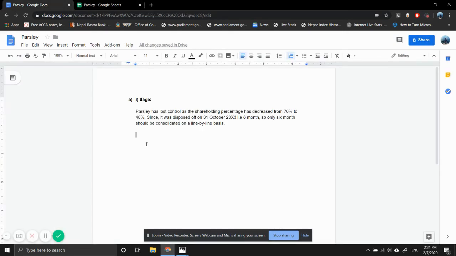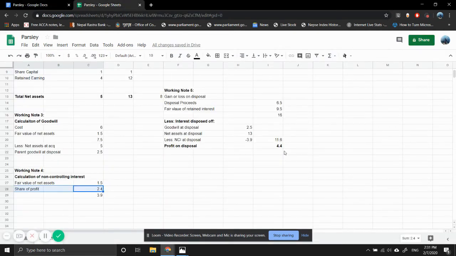So that is done. So what we will do is let's explain these figures, right? So our gain will be 4.4 million. After that, gain will be that, and then share of profit will be. So now it has become an associate, right? So the whole year it earned a profit of 6, and then 6 divided by 12.